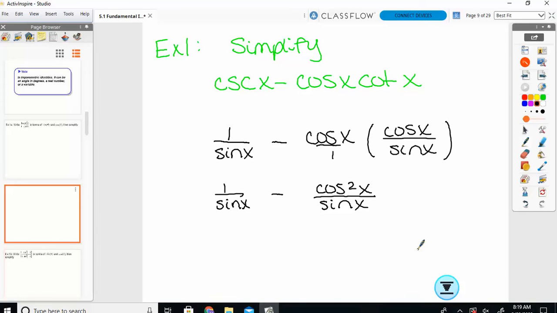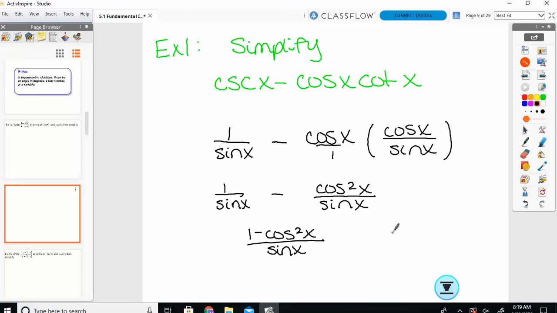My fractions have the same denominator, so what does that mean? Yeah, we can subtract them and put it together into one big fraction. Any algebraic rule for adding or subtracting fractions needs a common denominator, and that's still true with these trig functions.